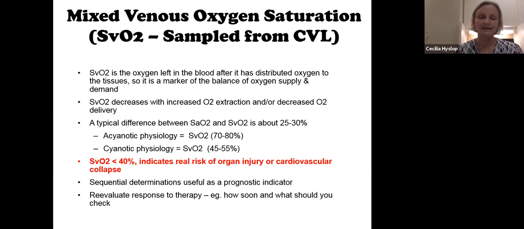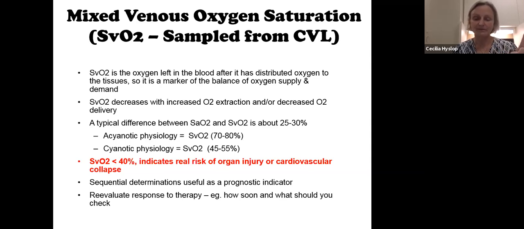And a cyanotic physiology, well, they actually start off with a much lower saturation. So let's say a single ventricle might have a saturation between 70 to 80 or 75 to 85. So let's say, for easy math, they have a saturation of 75% on their art line or on their finger from their saturation probe.